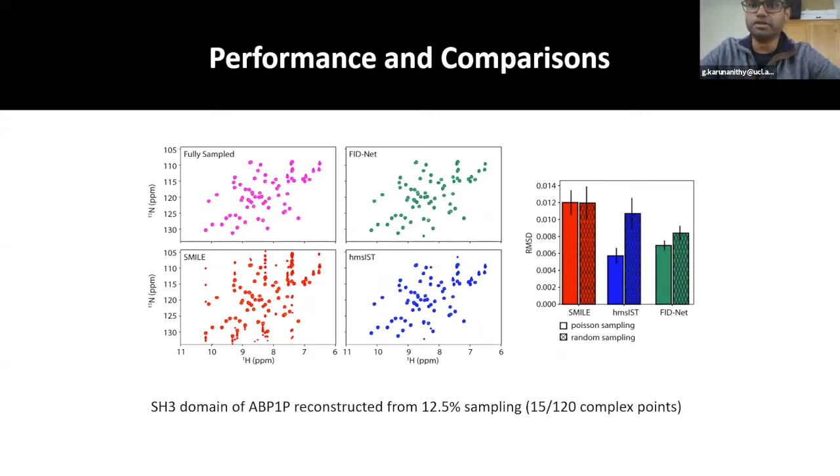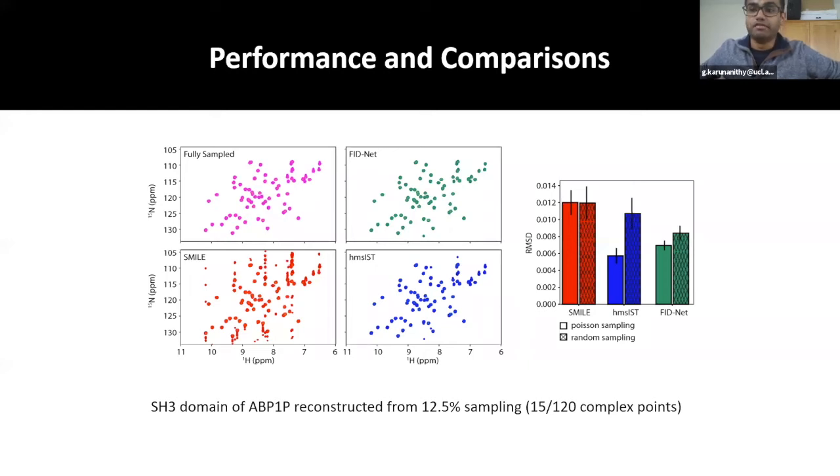So for this protein, you can see with SMILE, you get quite a few streaky artifacts. HMS IST does a pretty good job at reconstructing this, as does FIDNet. One difference you can see between the two, if you look at the RMSD, is that HMS IST is more reliant on having a Poisson gap sampling schedule to reach optimum performance.